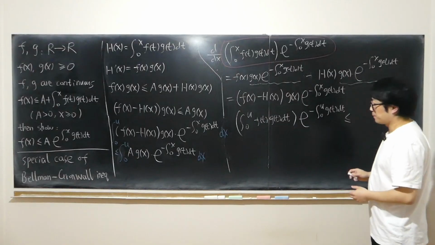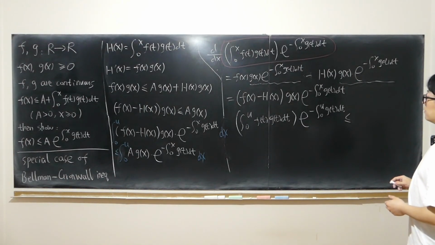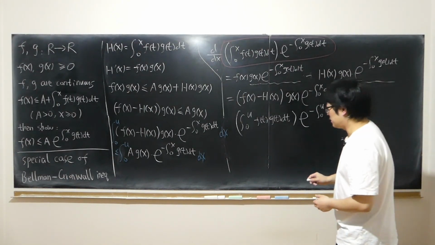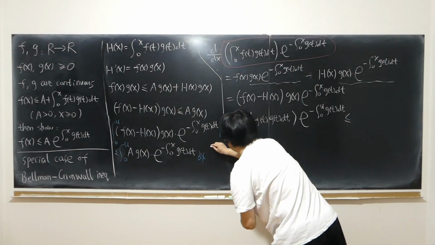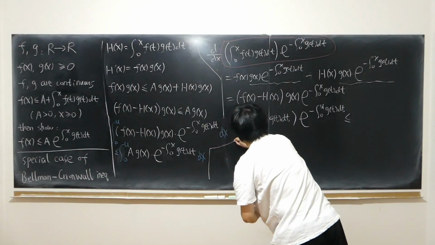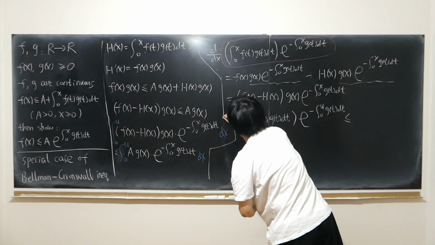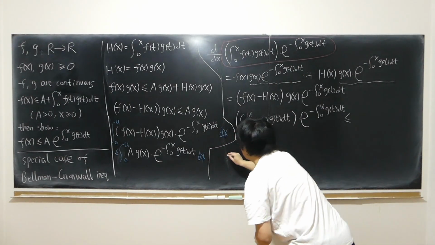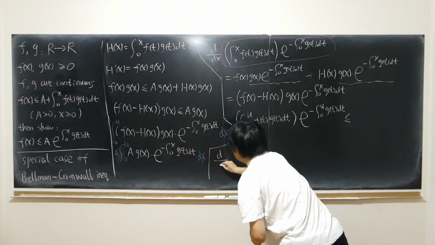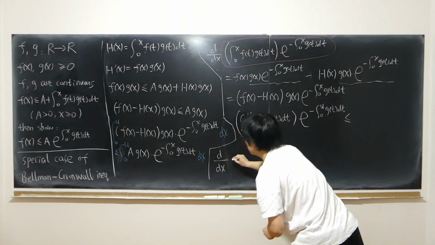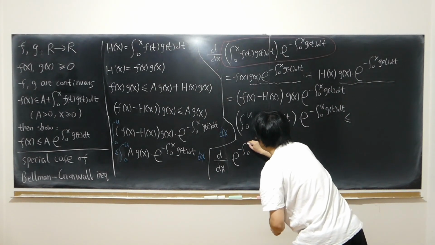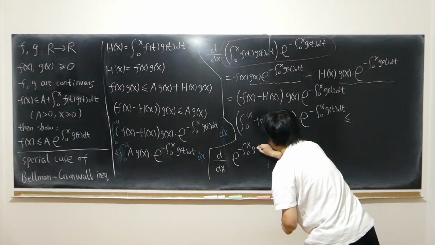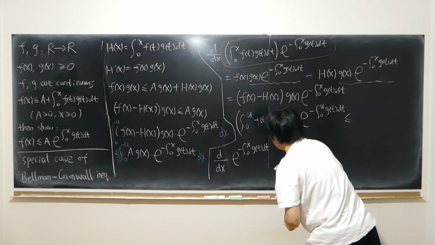If you notice, if you simply differentiate d/dx of e to the negative integral of g of t dt, what's the derivative?